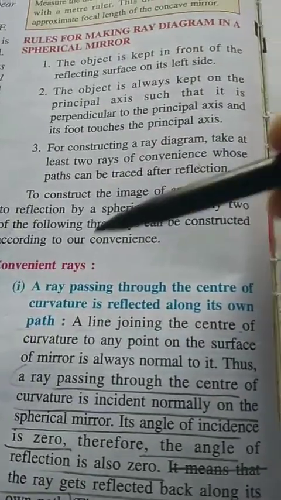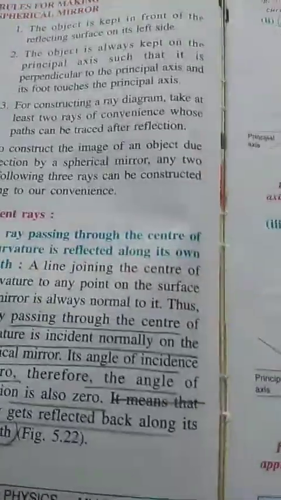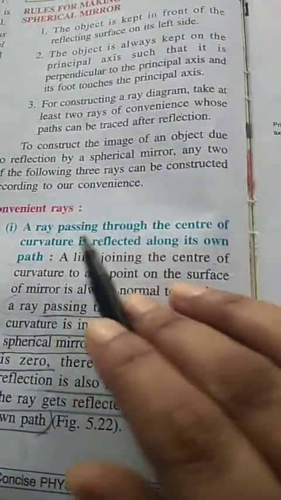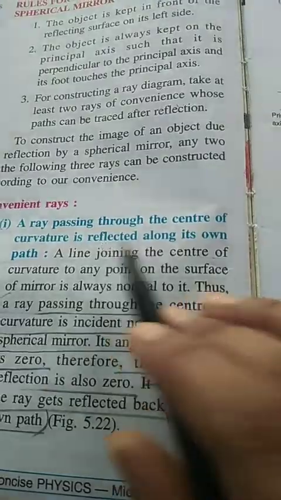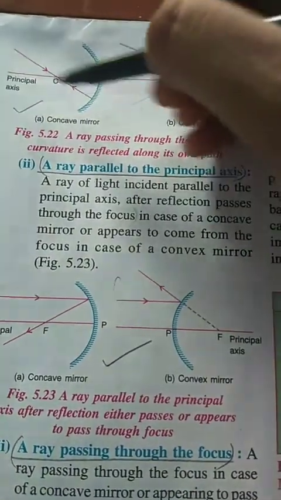You can see this, a ray passing through the center of curvature is reflected along its own path. Now there is an exception which is given here. If a ray is passing through the center of curvature, it will reflect back along the same path, to the center of curvature only.